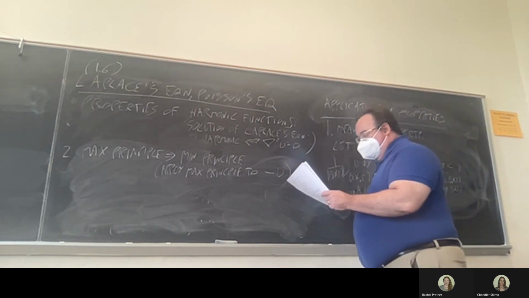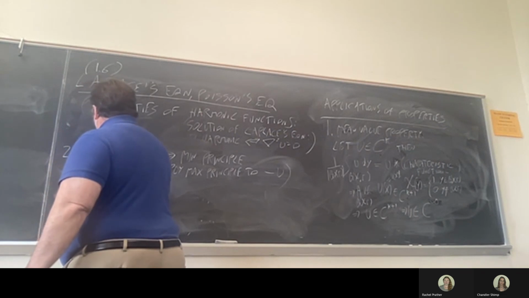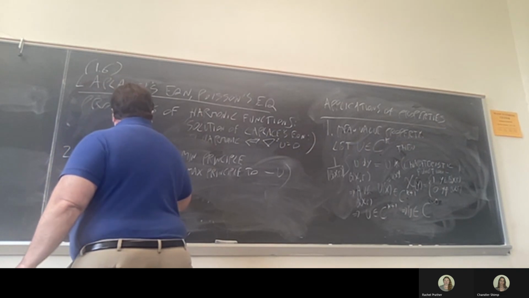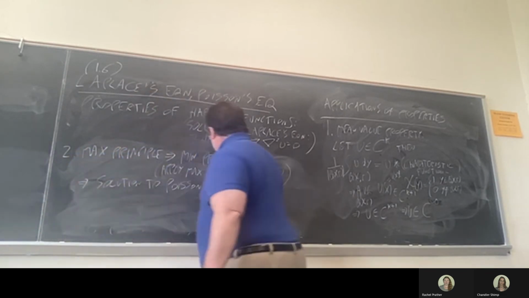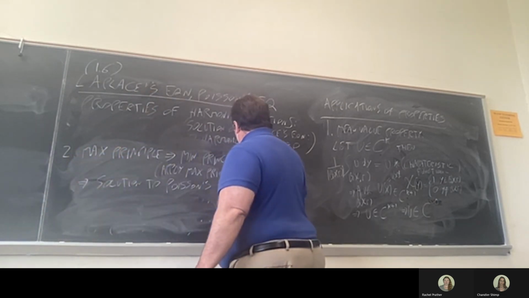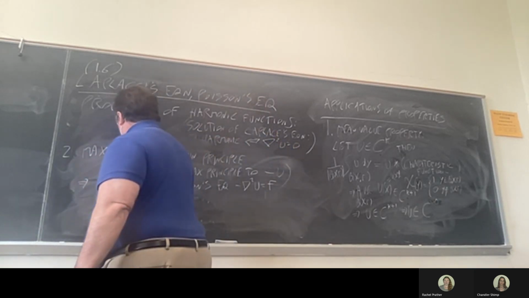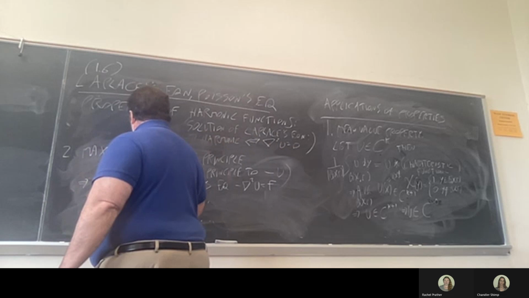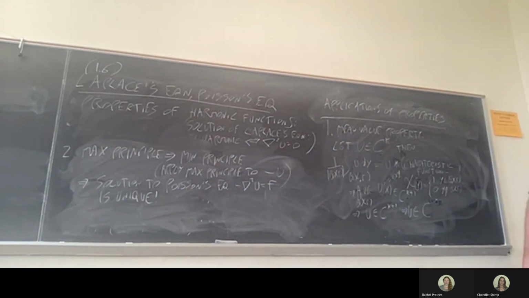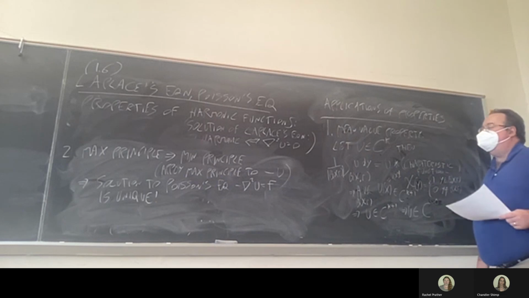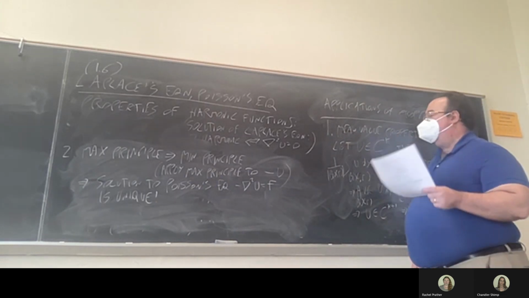Okay. Now, what we can get from that is the solution to Poisson's equation, Laplacian of u is equal to f, is unique. And here's how I can use the maximum principle to quickly prove it.